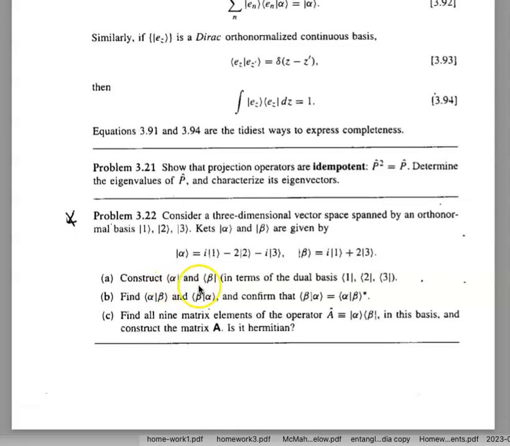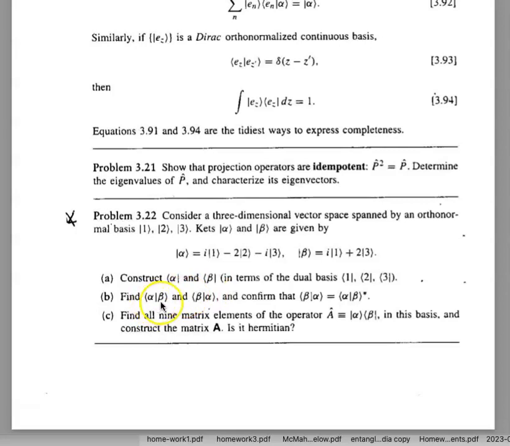And the bra beta here: you turn the arrow to the left. That would be -i bra 1, and +2 bra 3. That's the bra beta here.